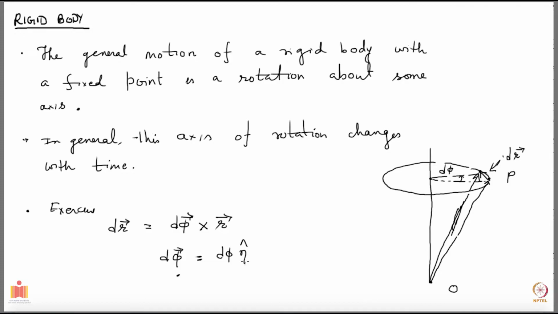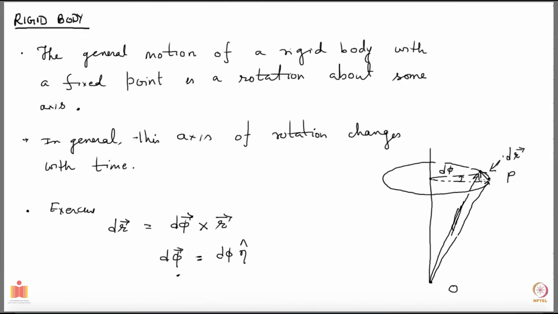Now I want to find out what the velocity of this particle, which is this point P in the rigid body, is. I hope it's clear what I'm doing. For me, this point P is one of the points of the rigid body. The body is moving, and this point P is moving with that. That's what I'm looking at.